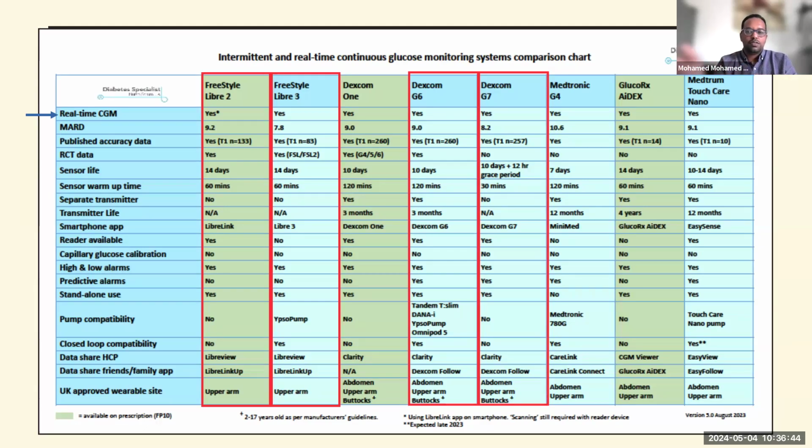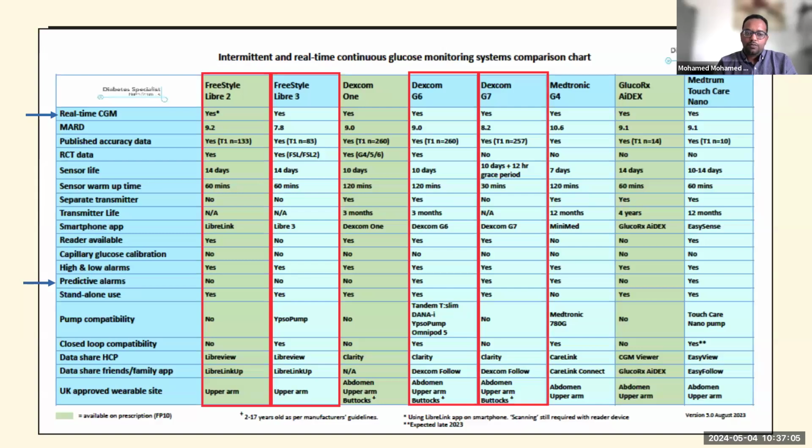So now all of them have this feature of real-time CGM. And as I said, when they say real-time CGM, they mean the ISF, interstitial fluid glucose, not the blood one. So it doesn't mean that you don't have to check on the extreme ranges. You still do have to do that with all these types of sensors.